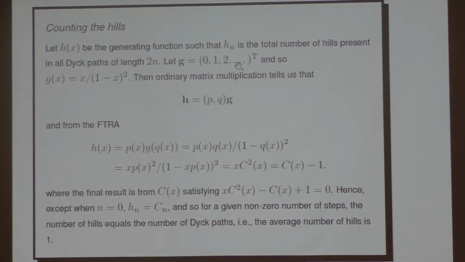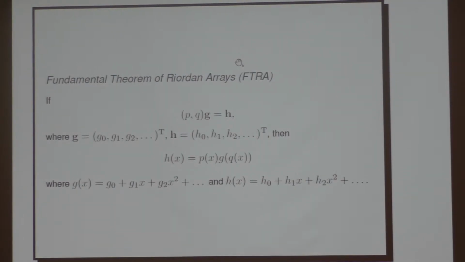And then to get this h, what we basically do is multiply this Riordan array by a column vector which gives us the number of hills in each column. So basically what we're going to do is use this formula here. This is our Riordan array. We're going to multiply it by a column vector g and end up with the number of hills in this column vector h.